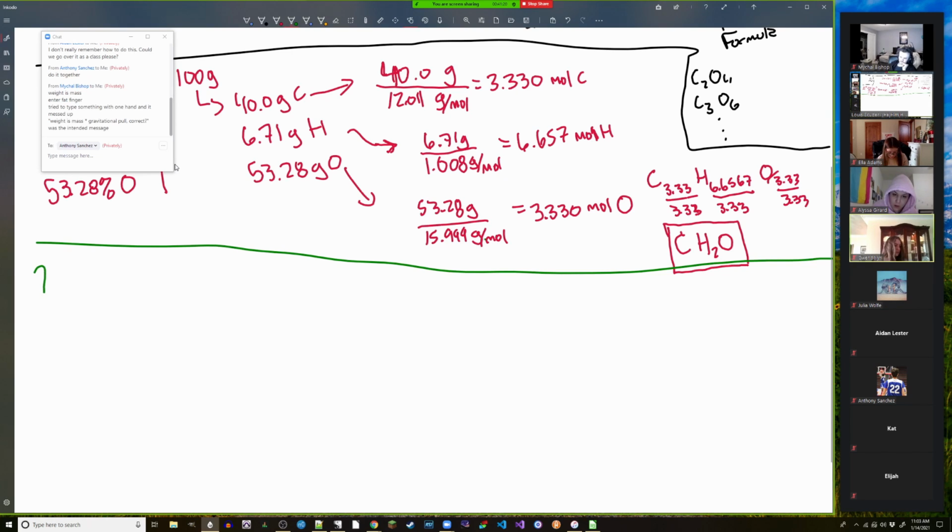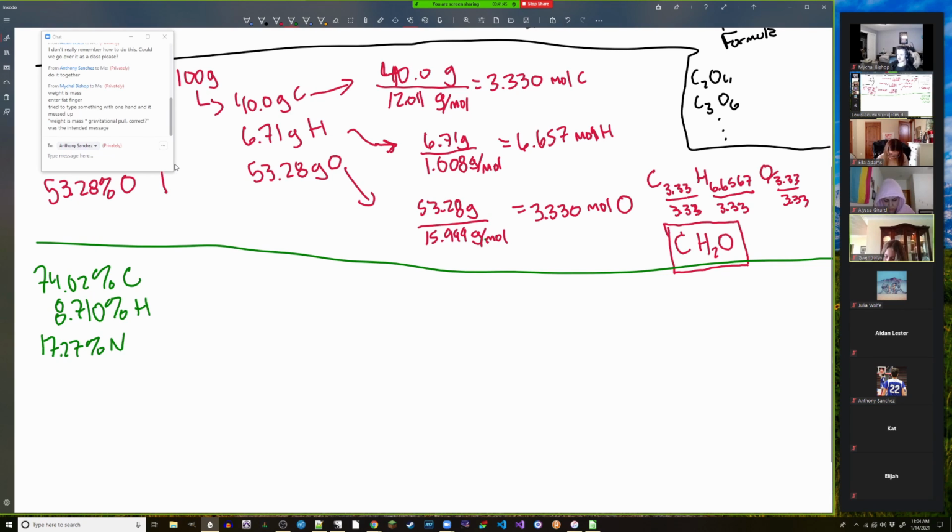Nicotine contains 74.02% carbon, 8.710% hydrogen, and then 17.27% nitrogen.